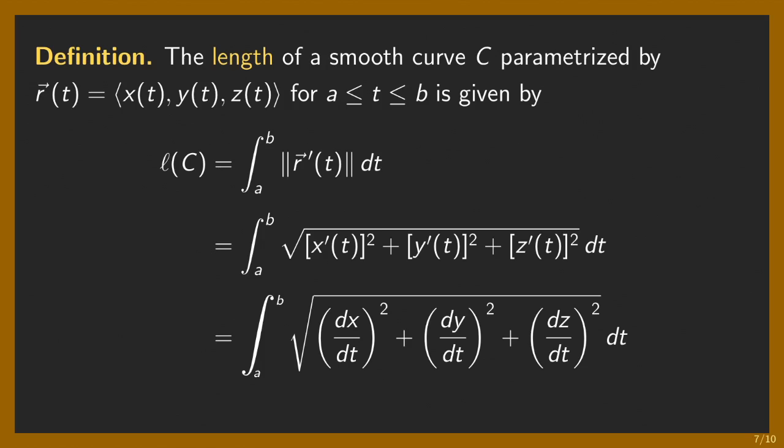It can be expressed in several other ways as shown. So what we need to find in order to get the length is the derivative. Take the norm, like so, and then the resulting function, you integrate that from a to b.